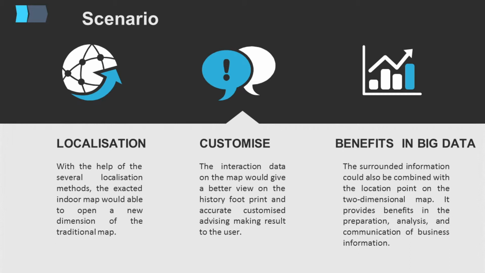Also, it can deal with big data. As mentioned before, the variety of data types can get confusing, but these data also have location points on the maps, which get clusters and settings for the preparation, analysis, and communication of business information that will create value.